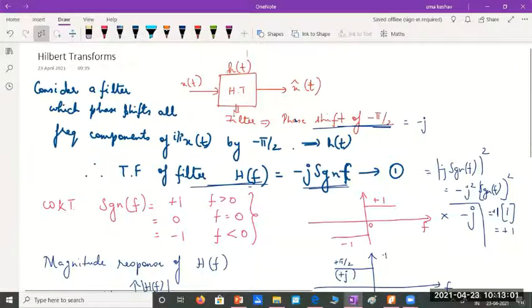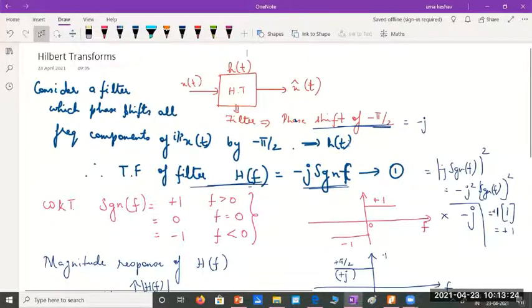And if I have to find such a transfer function for such a filter, I could easily do it using the signum function. So we know the definition of signum function, whose value is +1 for values of frequency greater than 0 and -1 for values less than 0.